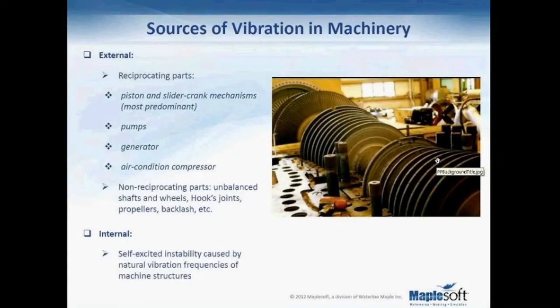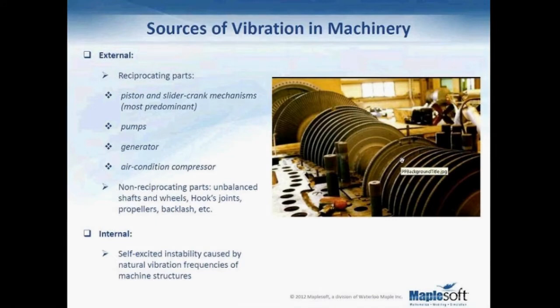There are several different sources of vibration in a machinery mechanism, and this can come from external sources like reciprocating parts. For example, vibration can come from the piston and slider crank mechanism in an internal combustion engine. This is because the slider crank mechanism doesn't have a constant motion.